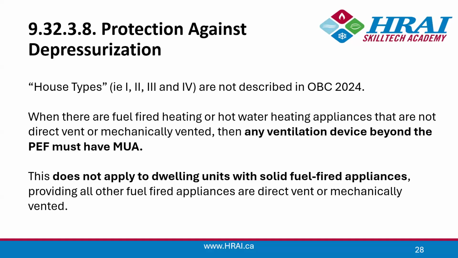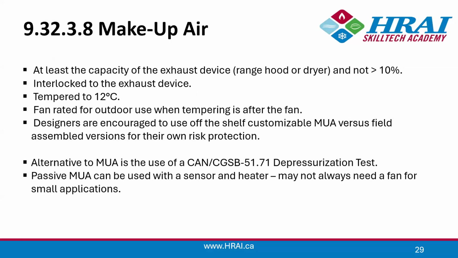If we do get into makeup air, 9.32.3.8, our makeup air should be at least the capacity of the exhaust device and not more than 10% over. They don't want it to exceed; we don't want to be pressurizing the house with our makeup air. So you don't want to exceed your exhaust device. Interlock to the exhaust device just makes sense.